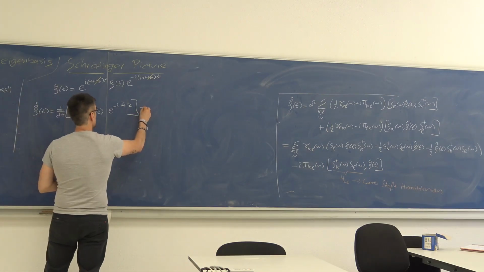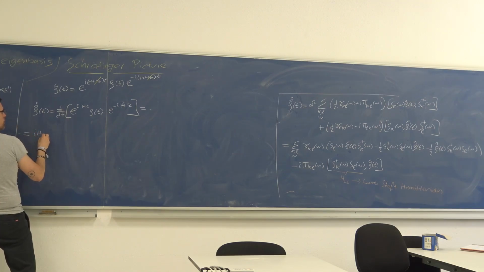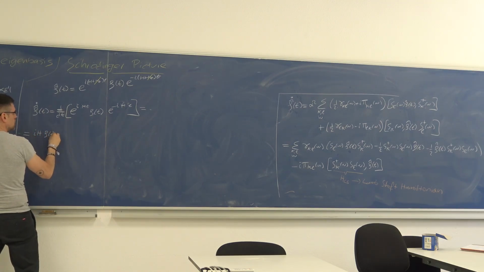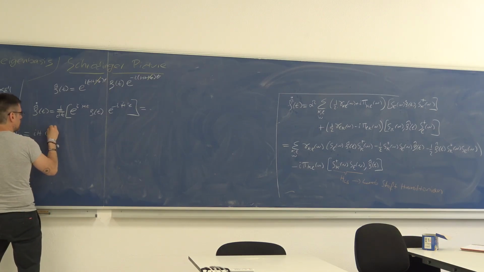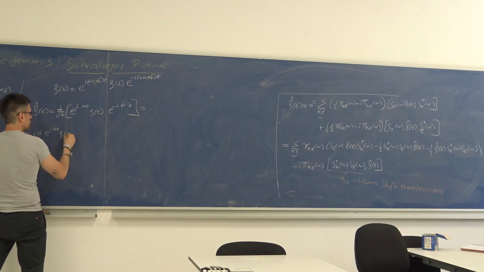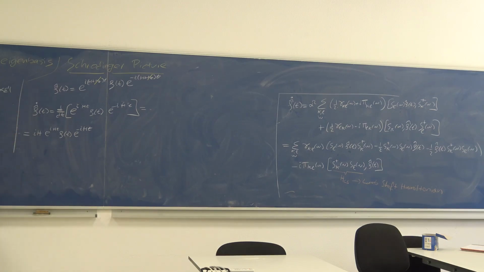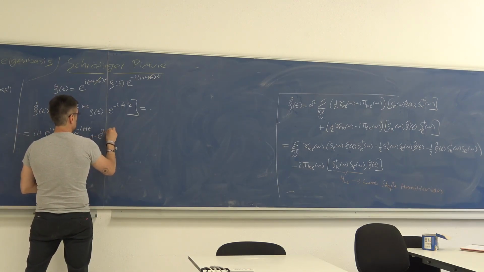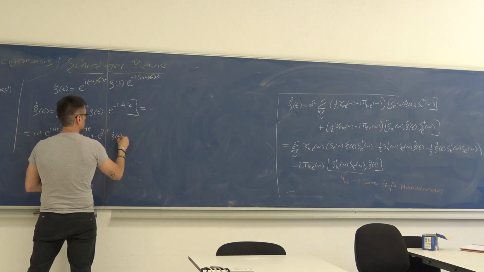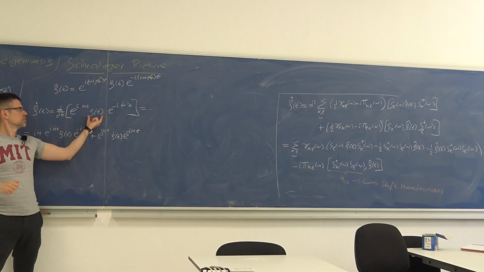So this will be the exponential of iHt, rho of t, exponential of minus iHt, the derivative of this guy here, plus exponential of iHt, rho dot of t, exponential of minus iHt. Okay, the derivative of this lady here.